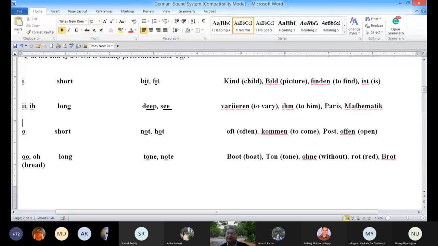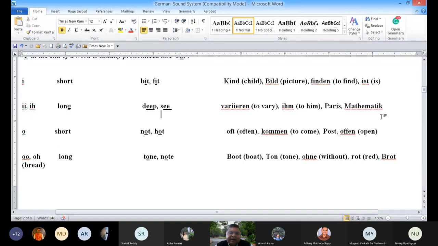TH is equivalent to T because H coming after T is silent in German. So MA is ma and TE, te, ma-te, and then again T. So the pronunciation of this subject will be mathematik. Once again you see kint, built, finden, ist, varieren, ihm, Paris, and mathematik.